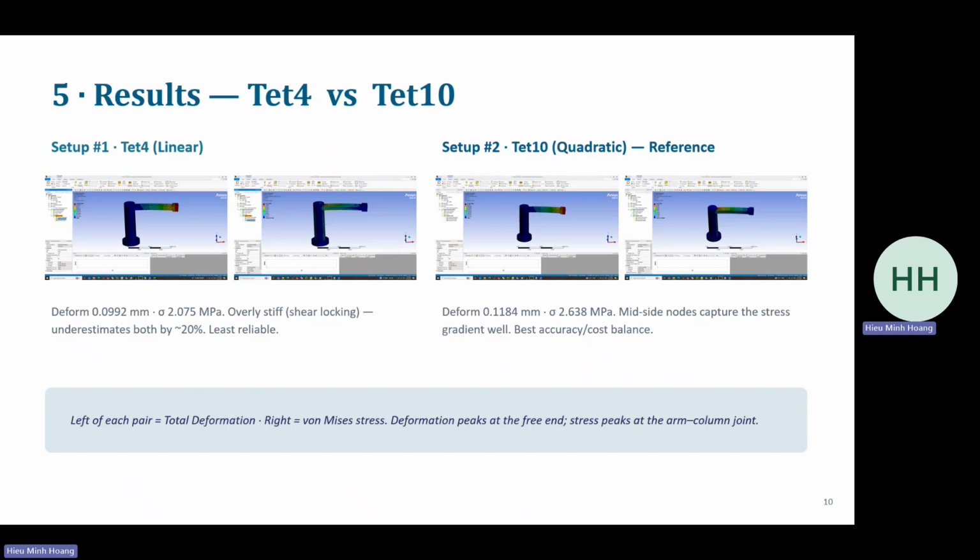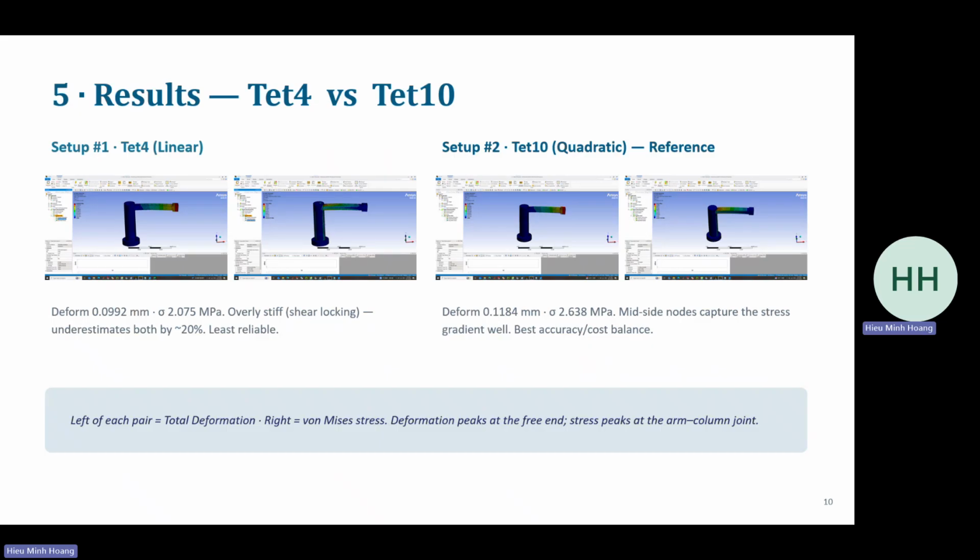It is not reliable. Step 2 is TET10, also my reference. The deformation is 0.1184 and the stress is 2.638. The mid-side nodes capture the stress gradient well. This gives the best balance of accuracy and cost.